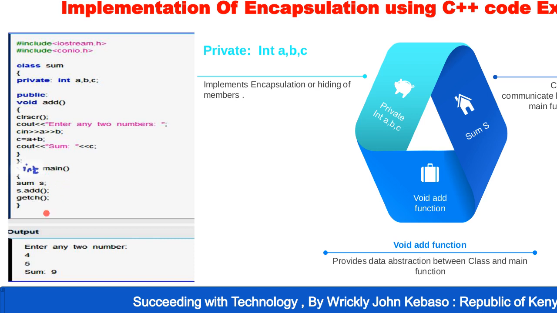How can a main function be below? For your information, according to the syntax of C++, when writing programs, the program that has classes must start first. The classes must start first.